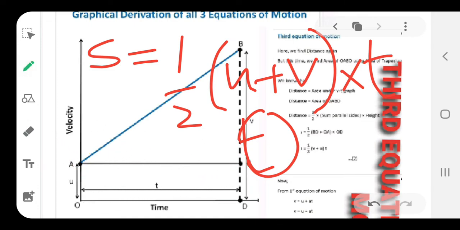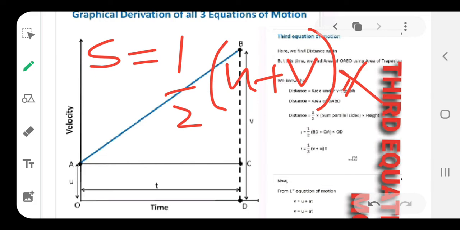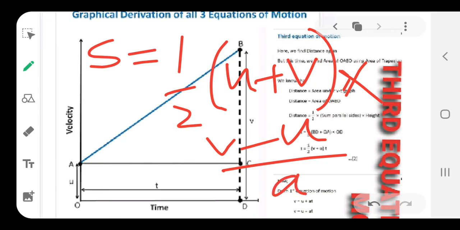Just think of it. It is v minus u over a, is t. That is the thing that we are looking for. Now just place that particular value in place of t. In place of t, I can write that value. And the value was v minus u over a.